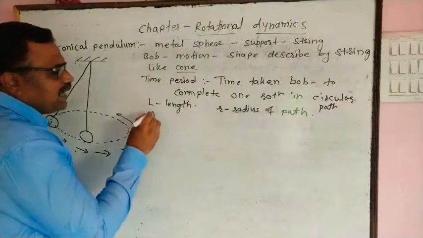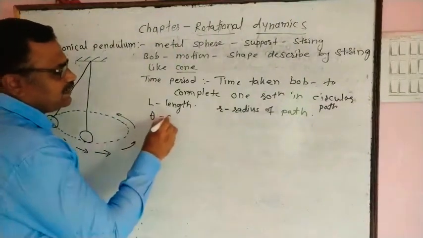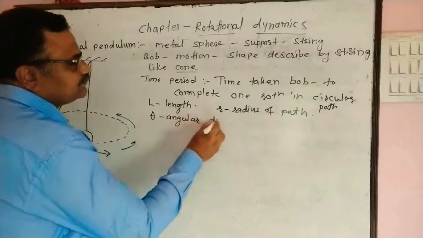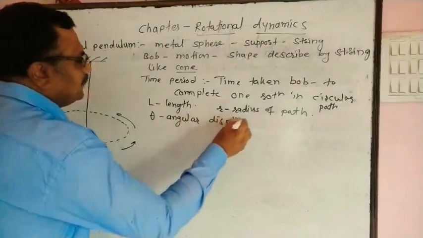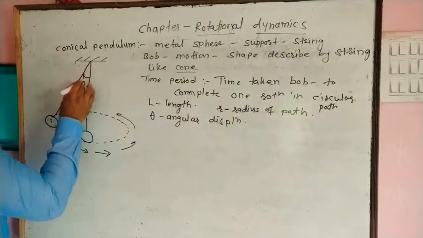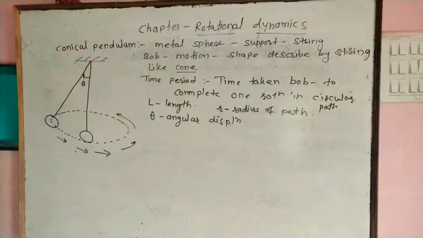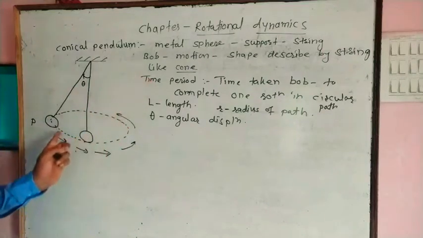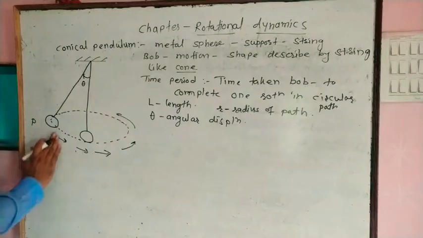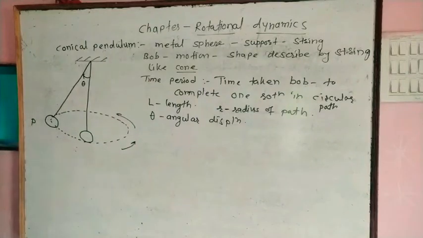Suppose theta represents the angular displacement. In the figure, this is the angular displacement, denoted by theta. Now let us consider P is any position of the bob when it is moving along the circumference of the circle.